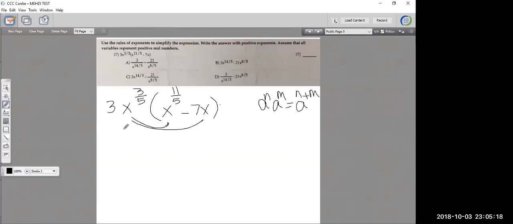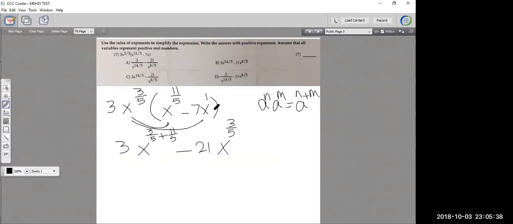So in this case, we get 3 times x to the power of, in order to multiply this, I need to add the exponents. It would be 3 over 5 plus 11 over 5, minus, I'm going to distribute 3 times 7, 21, times x to the power of 3 over 5.